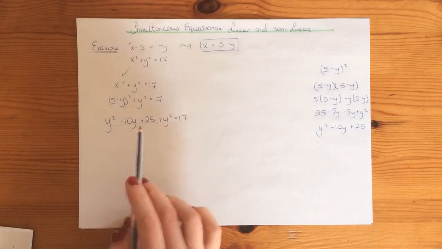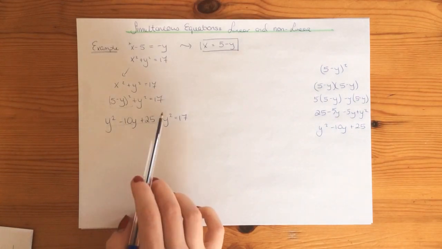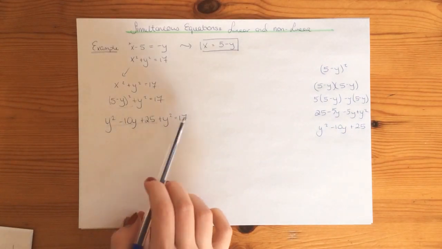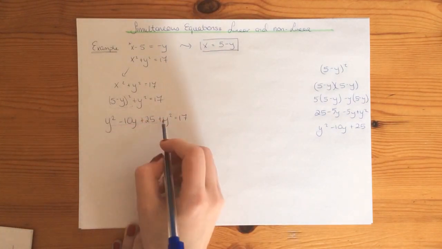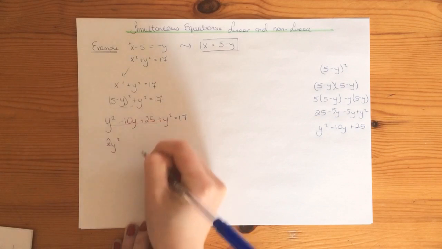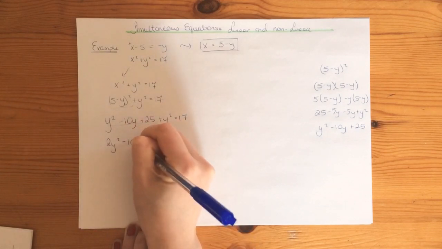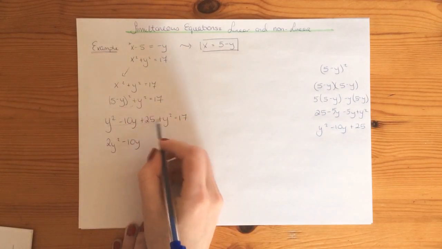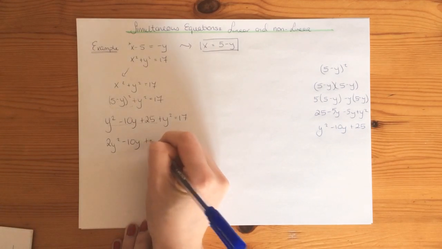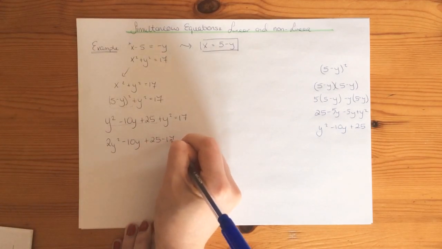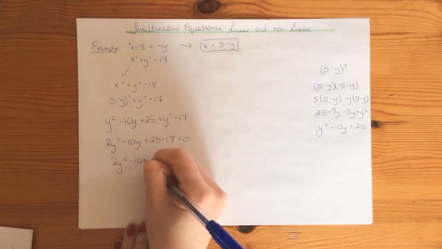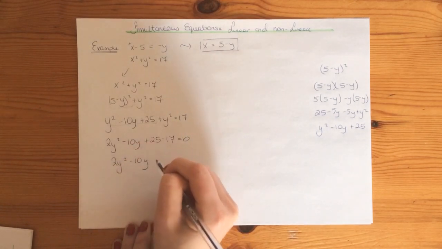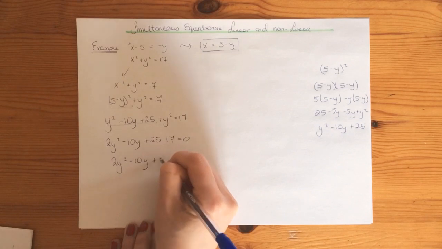Now add together like terms. Y squared plus y squared is 2y squared. Minus 10y is the only y term. Then 25, bring over that 17, becomes minus 17. Tidy that up: 25 take away 17 leaves us with 8.